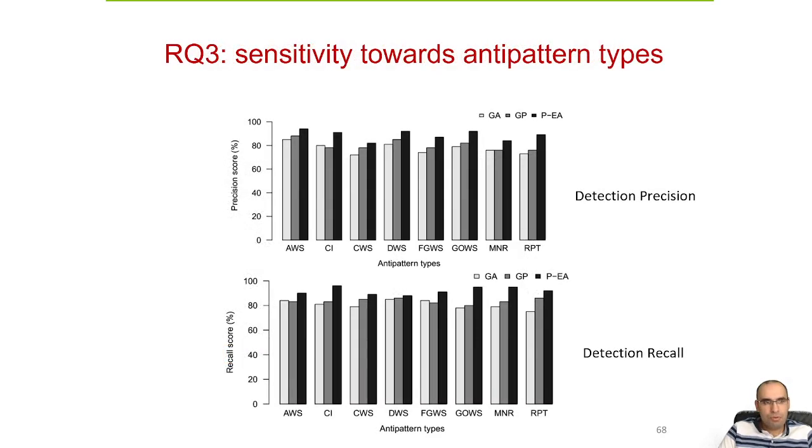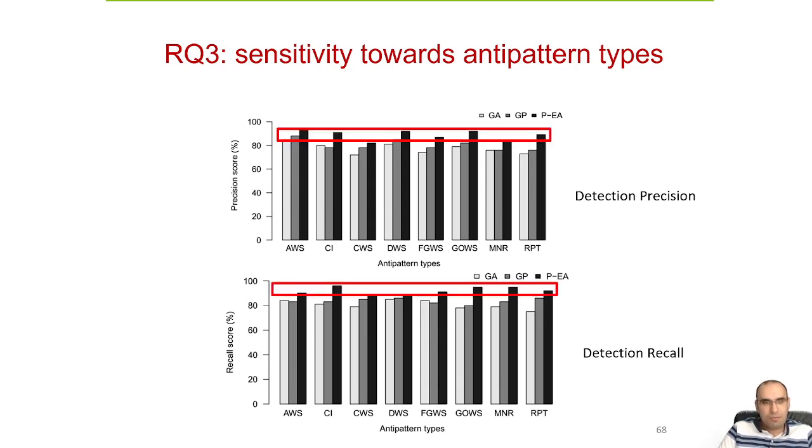As for the third research question, which is about the sensitivity towards anti-pattern types, we investigated the anti-pattern types that were detected to find out whether there is a bias towards the detection of specific anti-pattern types. So our goal is to make sure that we can detect all of them equally.